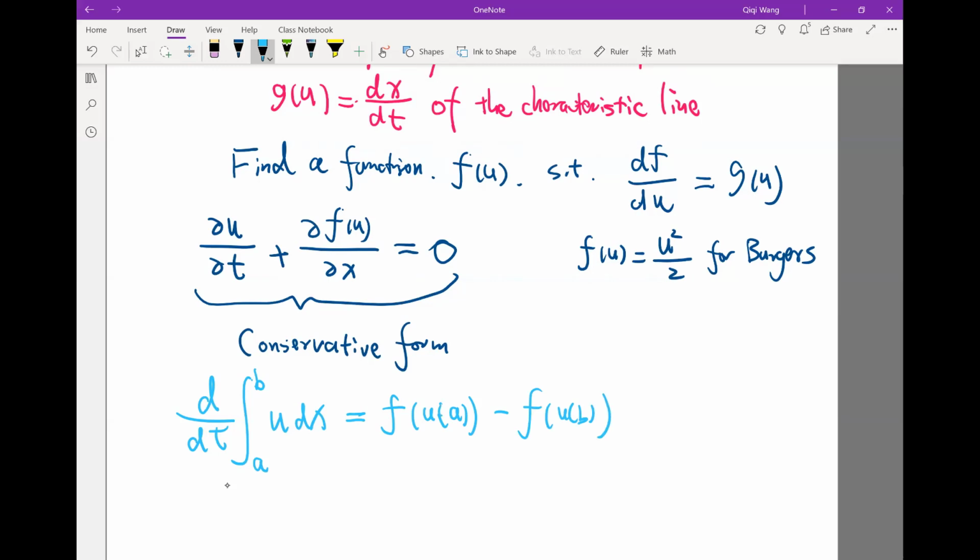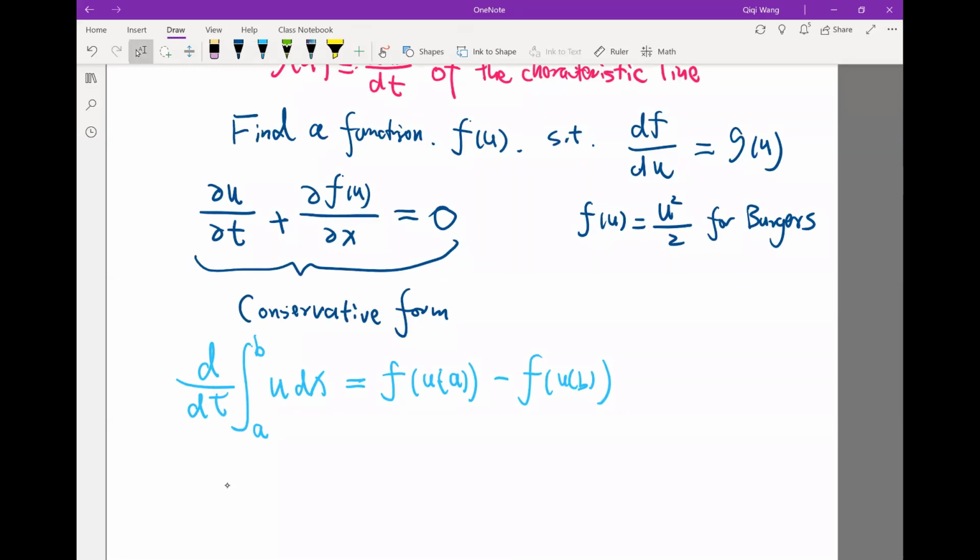This also makes a lot of sense from a conservation point of view, because the time derivative of the total amount of conserved stuff within the interval would be equal to the speed at which stuff flows through the left point A, minus the speed at which the material flows out of the domain at the point B, right?